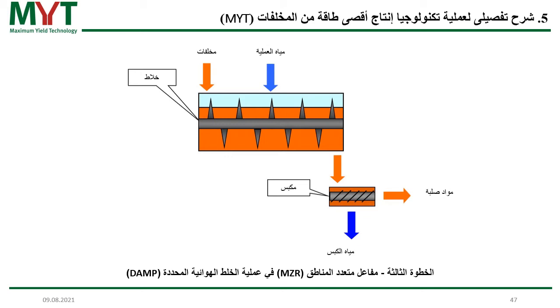The waste is going into this mixer on a continuous basis, and process water is applied onto the waste. This is why the MYT process is not impressed by the water content of the waste coming to the facility, because we are adding process water to the waste. Just to give you an idea, for 1 ton of residual waste, we apply 1 to 1.5 tons of process water. So we really are creating a slurry in this mixer.